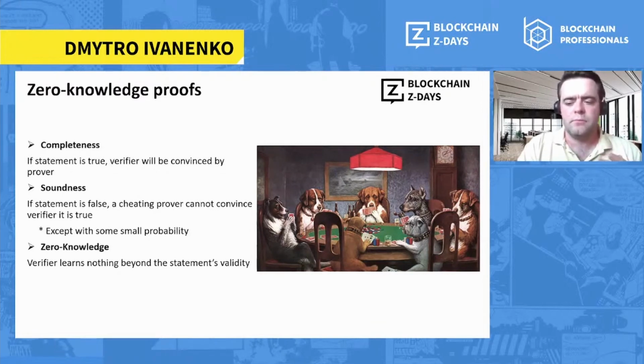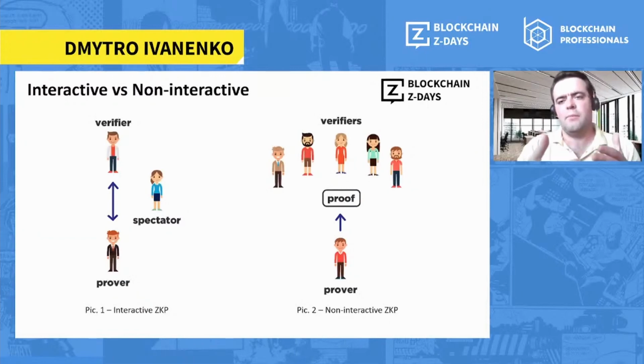The third property is zero knowledge: the verifier learns nothing beyond the statement's validity. If you realize these properties, you have an interesting method which can hide your personal information. And today I can demonstrate this mechanism and how this method works.